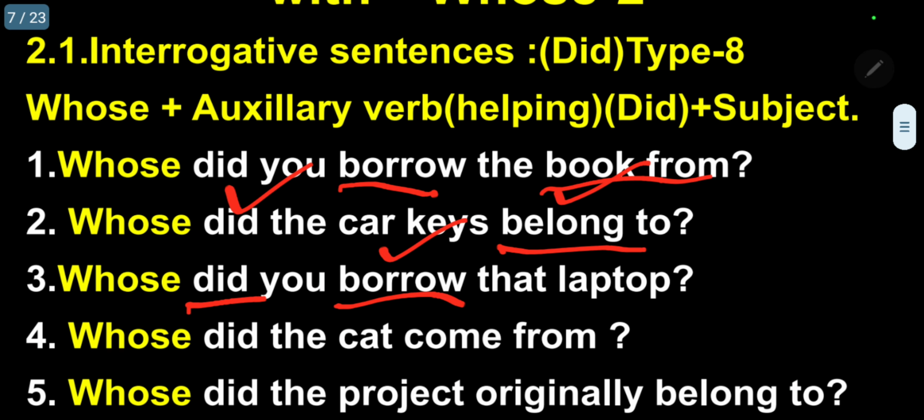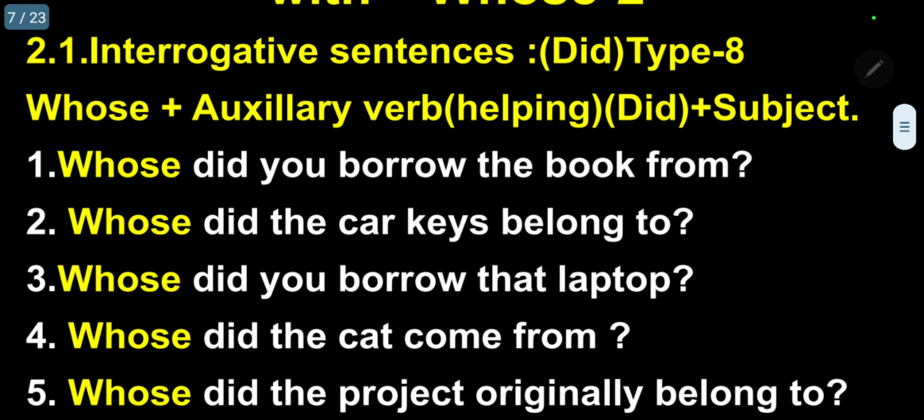Please follow. Okay, the next one. Whose did the cat come from? Come is the main verb, did is the auxiliary. Who did the project originally belong to? Belong is the main verb, did is the auxiliary.